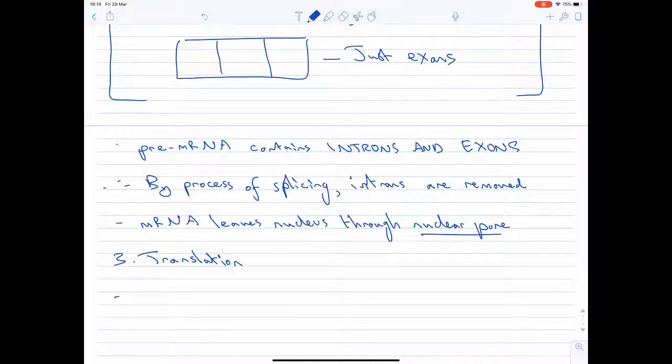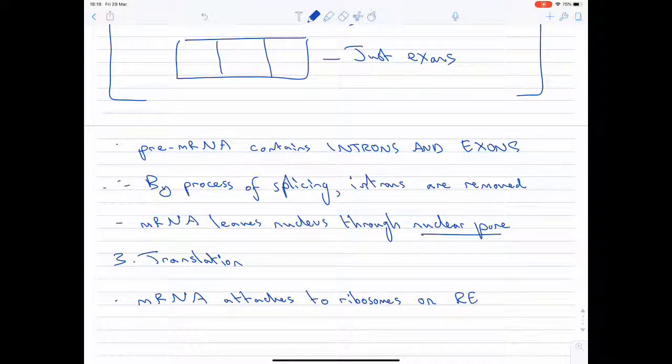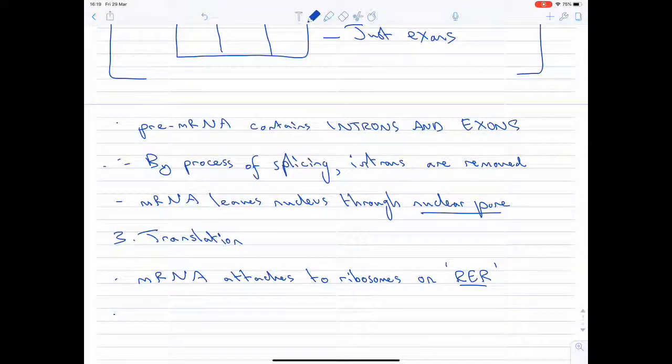So getting right into it now. The mRNA is going to attach to the ribosomes, which are actually, as we know, on the rough endoplasmic reticulum. So I'm just going to write RER there for short. So just to explain a bit about the structure we're talking about now.